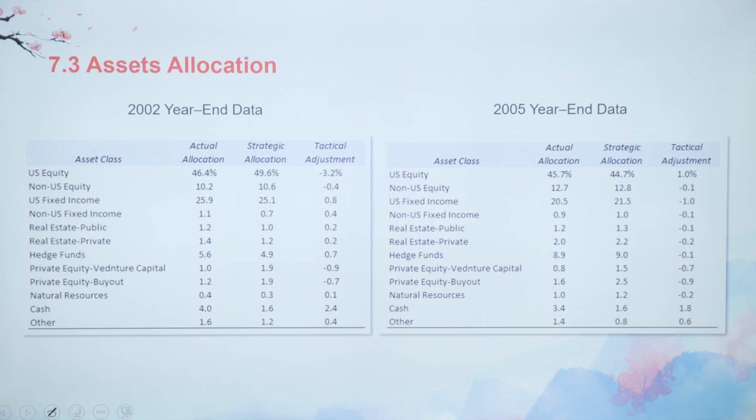The underweight position in the private equity is likely due to the manager not being able to invest all of the money they had planned, which would also explain the overweight position in their cash account. So the manager thinks they may not have the ability to manage that, so underweight the position in private equity and overweight the position in the cash account. So that's the asset allocation part.